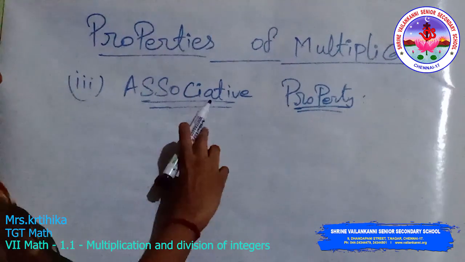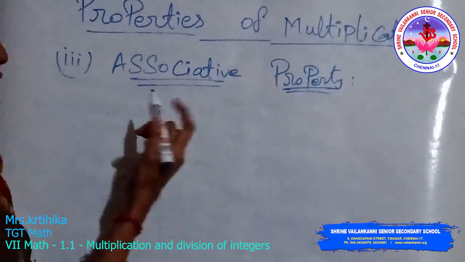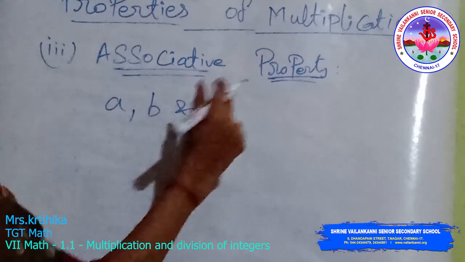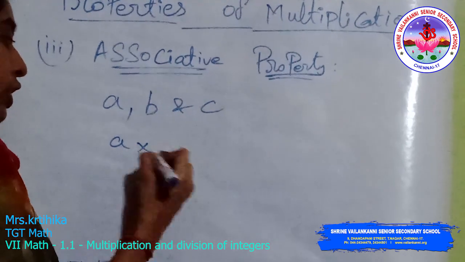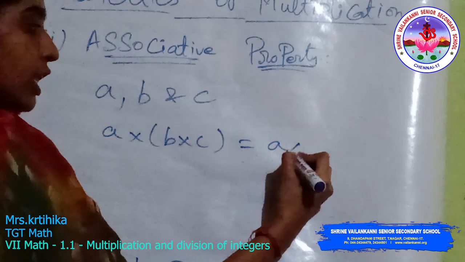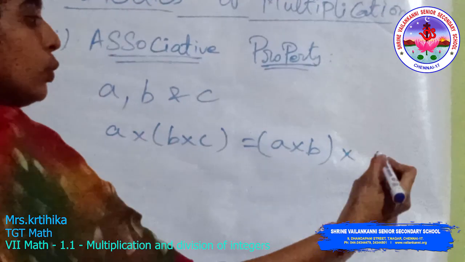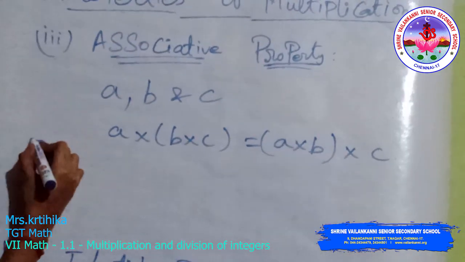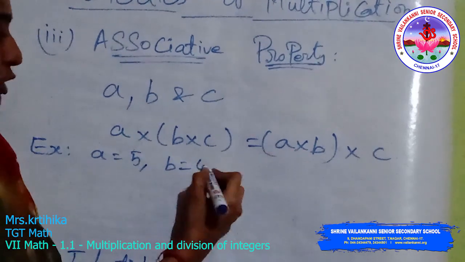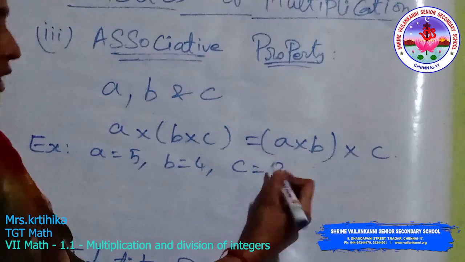Next property is associative property. If a, b and c are integers, the property is (a into b) into c is equal to a into (b into c). For example, a is equal to 5, b is equal to 4, c is equal to 3.